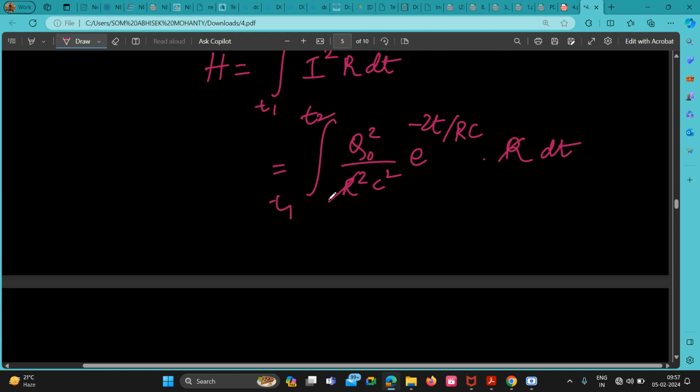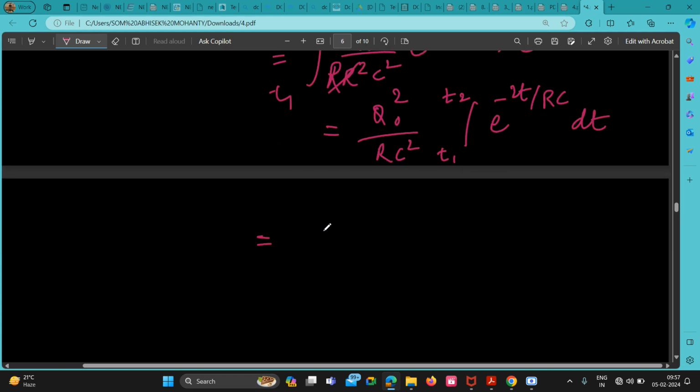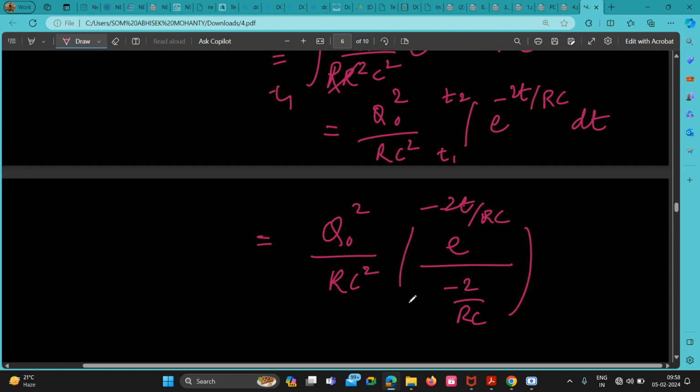So R got cancelled. Now this constant comes out: Q naught square by R C square, integral from t1 to t2 of e to the power minus 2t by RC dt. The integration will be e to the power minus 2t by RC divided by minus 2 by RC, from t1 to t2.